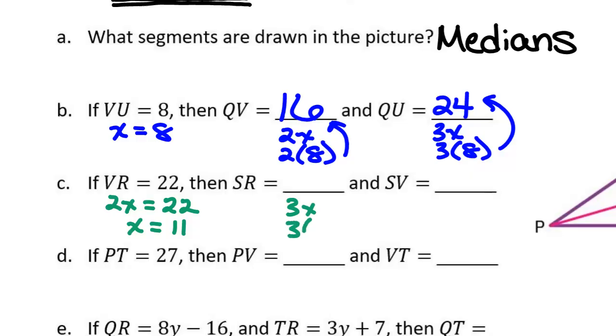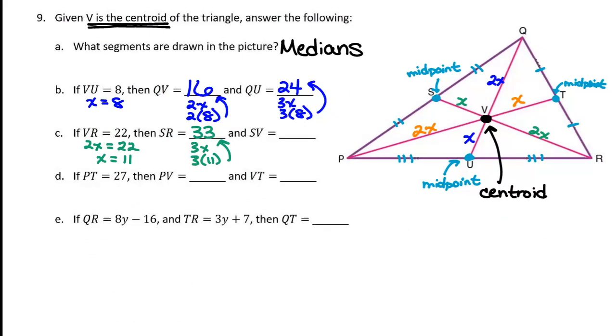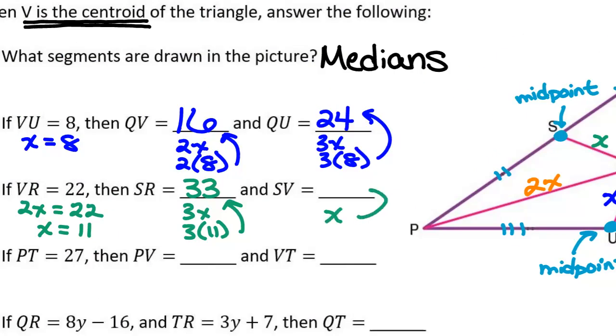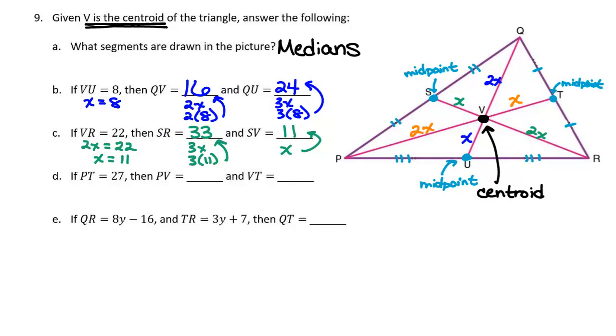And x is 11 this time. So SR is how big? 33, yes. And SV, this right here, is going to be how big? 11, yes. That is x, which on this part of this problem is 11.